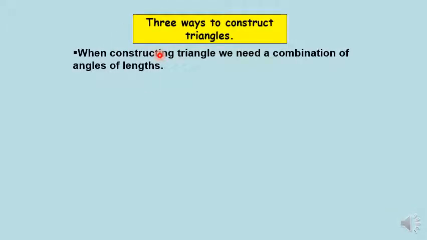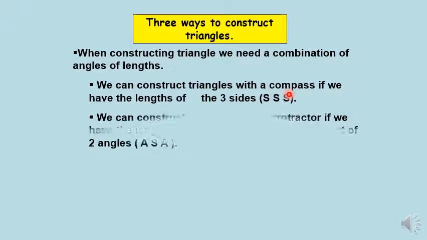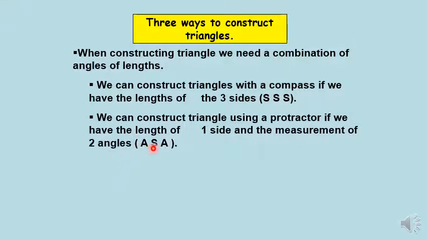Before we start constructing any triangle, we need three given elements. First case, to construct the case of side, side, side, we need a compass and a ruler. In the case of angle, side, angle, we start drawing with the side, and the side must be adjacent to the two angles.